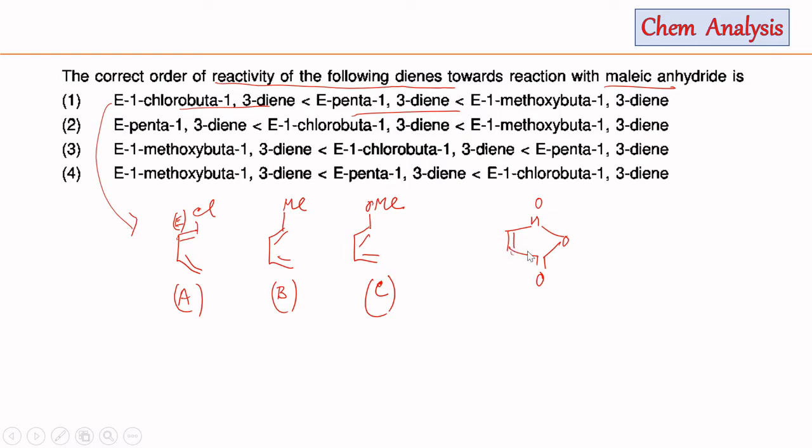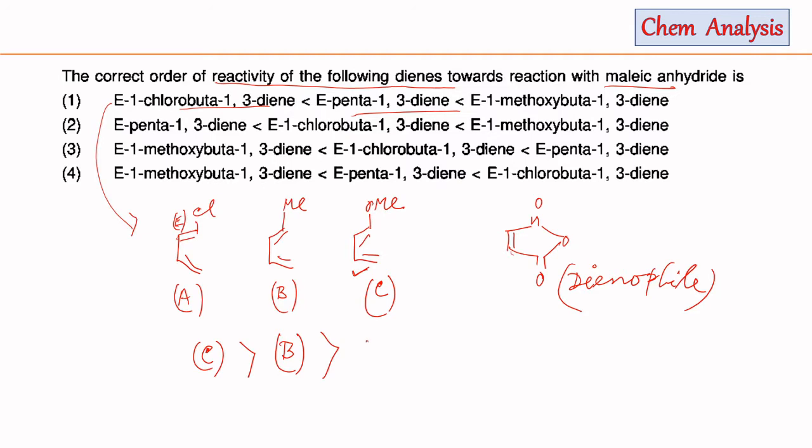Since here the dienophile is fixed, that is maleic anhydride, we have to see the increasing order of electron density for the different dienes. The most electron rich diene will be C, then B, and the least electron dense diene will be A, since here an electronegative chlorine atom is attached.